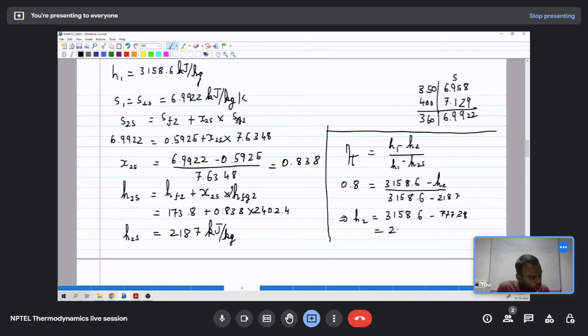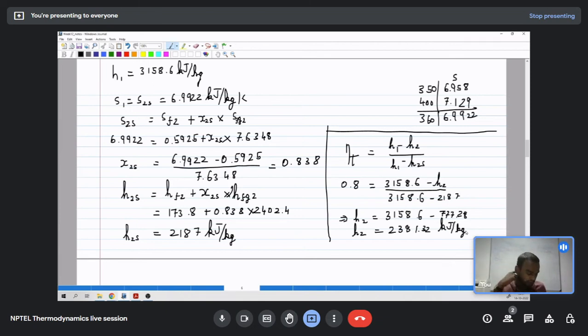So we have 2381.32. The unit is kilojoule per kg. So we have got the enthalpy for the actual turbine.